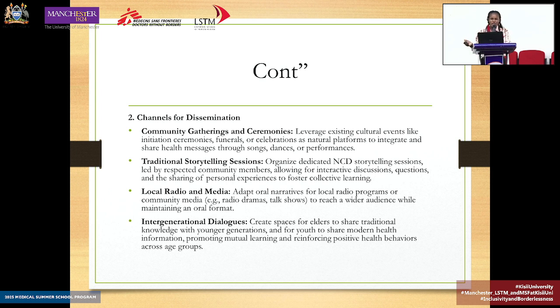We have programs, and you as an individual can have a talk about NCDs. We have the local channels. You can design posters to create awareness, with messages that touch on a given NCD. Another thing, you can have intergenerational dialogue.